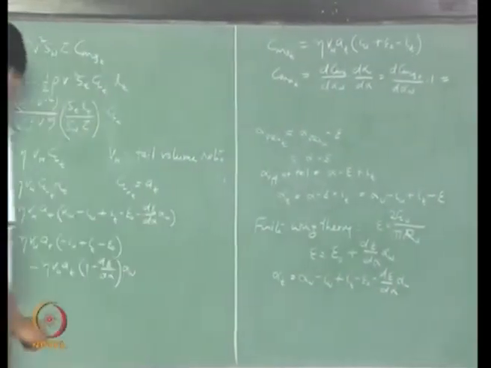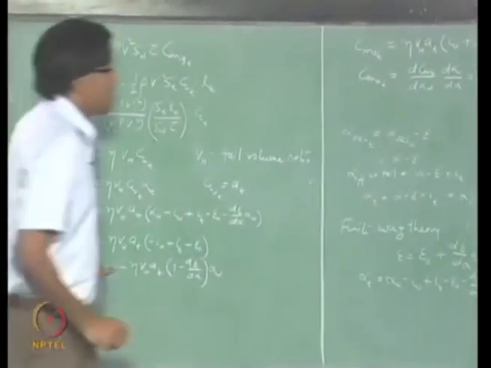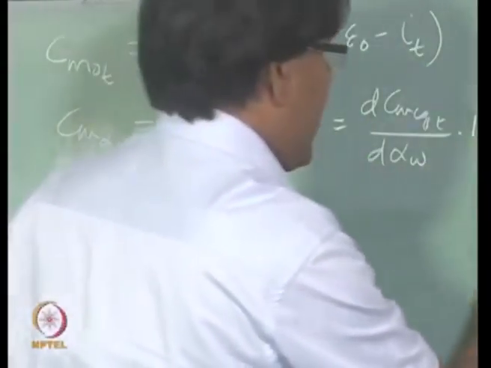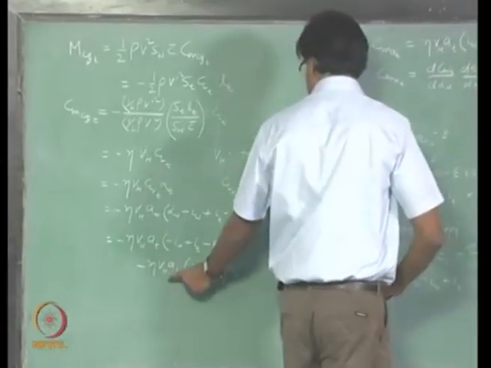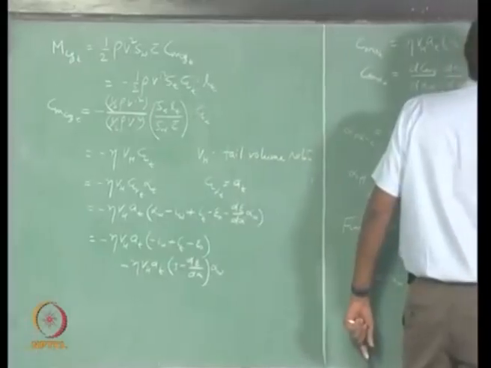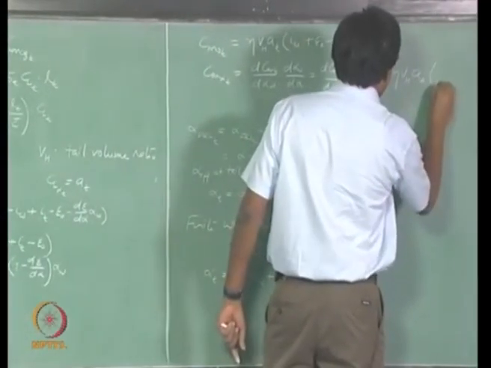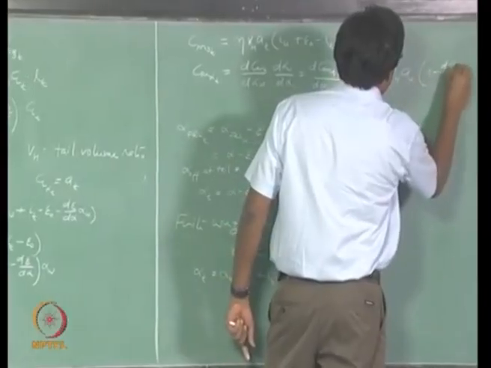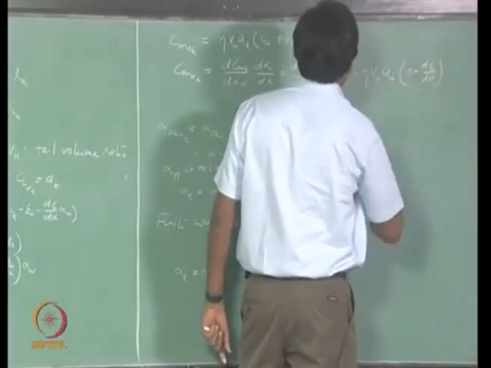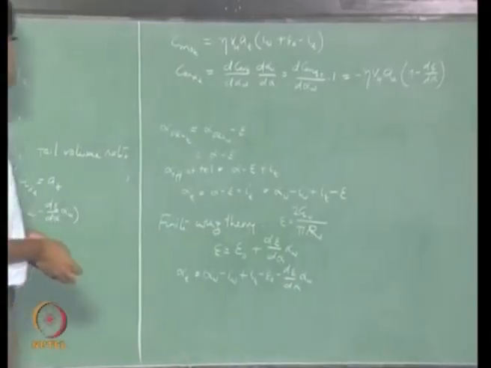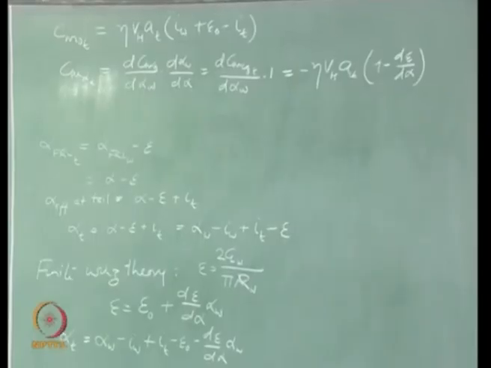What is that? Minus eta into VH into AT, right.